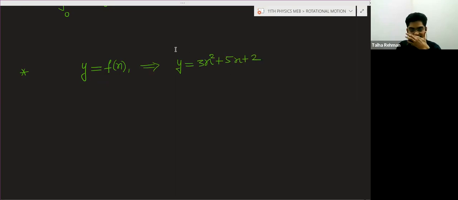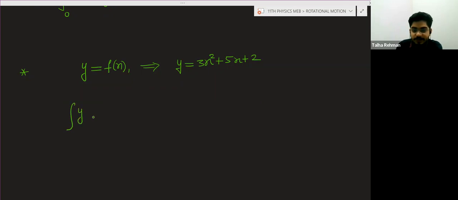If this y is given and you want to integrate this function y with respect to x, okay, so this is the sign of integration.